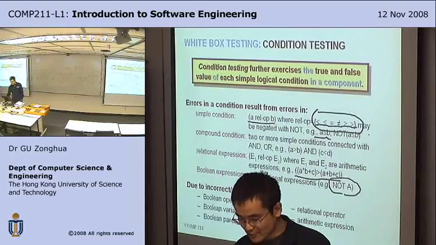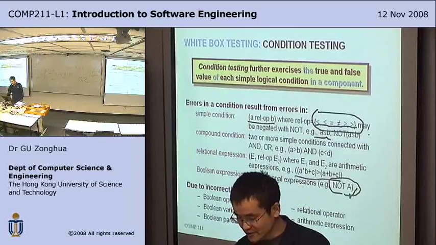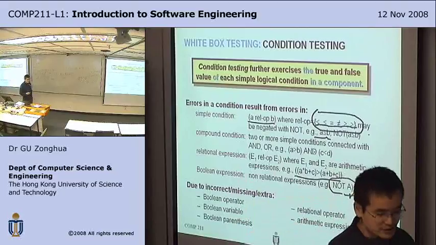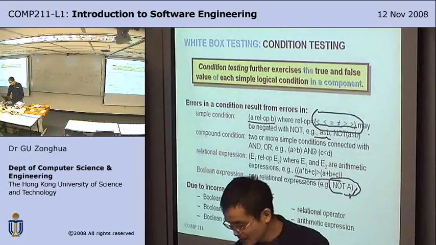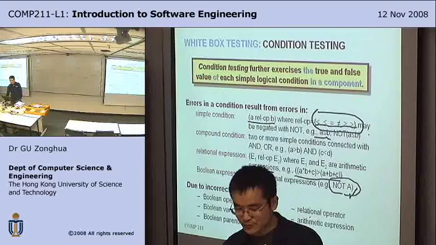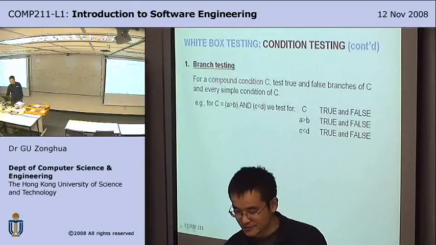You may make an error in the Boolean variable here. You may make an error in the Boolean parentheses. That is, you may forget to add parentheses if you want or to have higher precedence than and. You may have error in the relational operators or arithmetic expressions. So to detect these errors, you need condition testing.